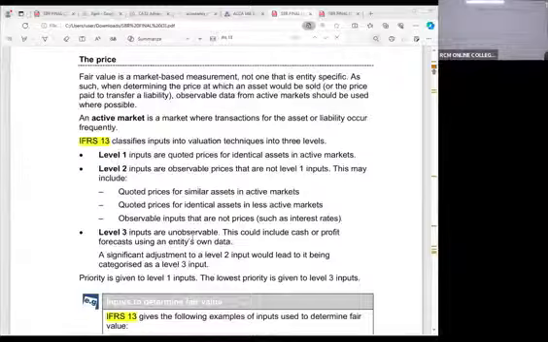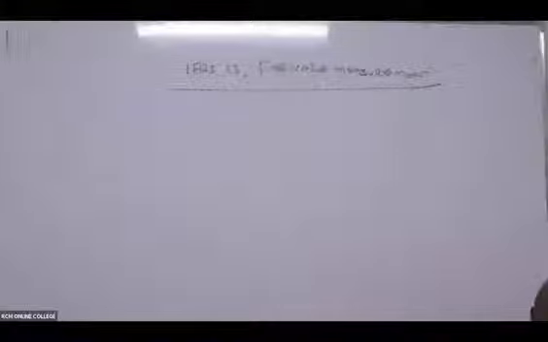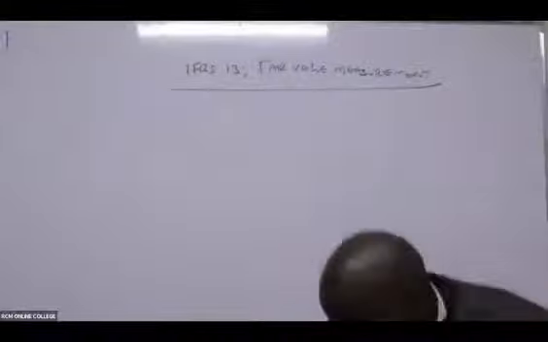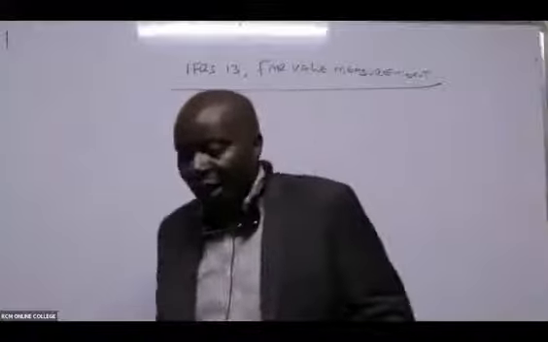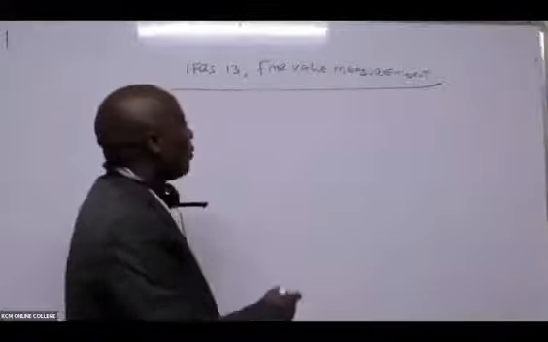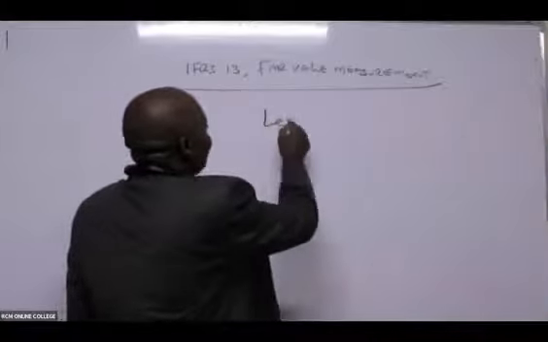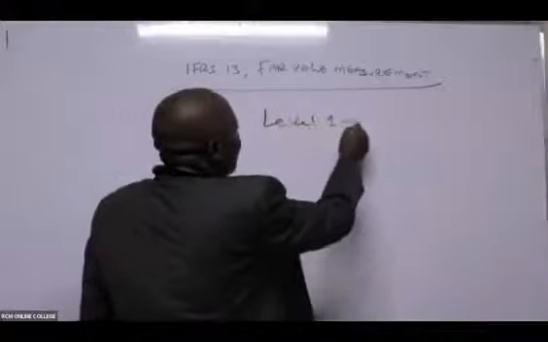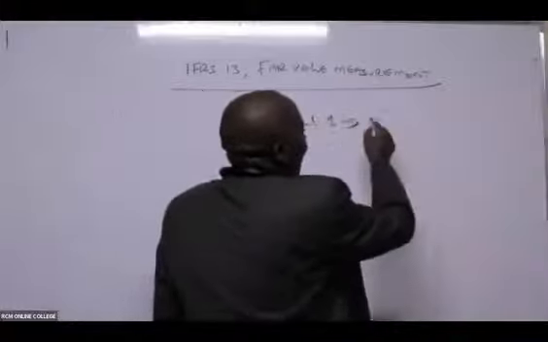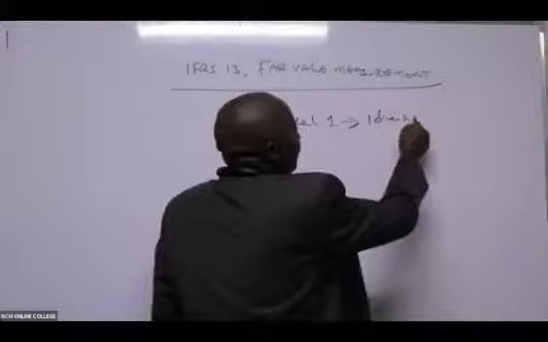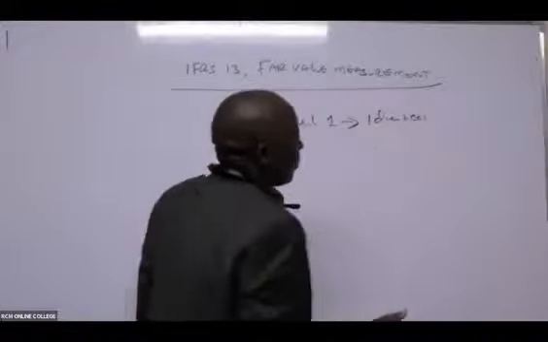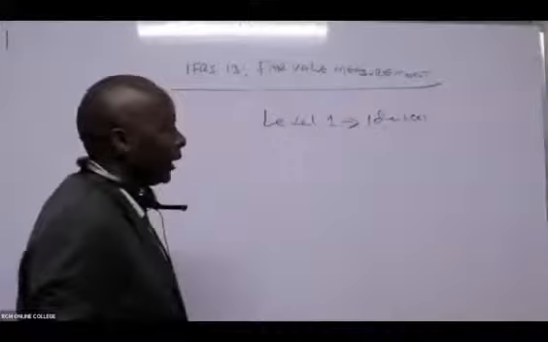Ladies and gentlemen, please listen to me very well. If I were you, I would take very sketchy notes. In terms of fair valuation, we have level 1. Level 1 is for the Siamese twins, identical in all respects. It happens.